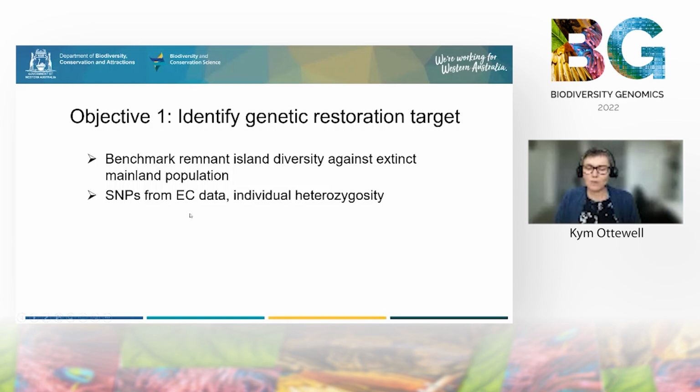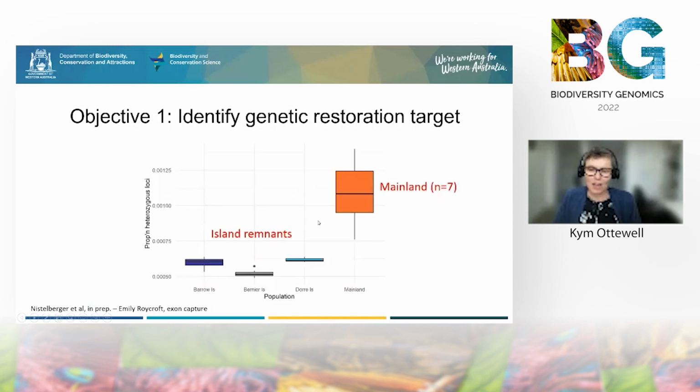SNP data was extracted from the exon capture reads, and levels of individual heterozygosity were estimated across those populations. This work was undertaken by ANU postdoc Emily Roycroft, who's a collaborator on this project.